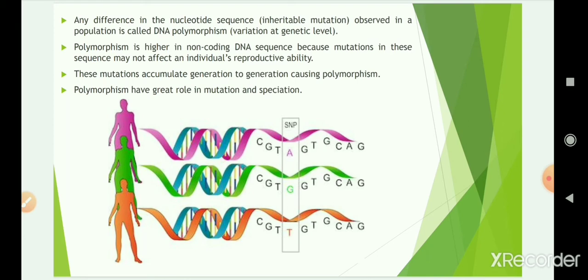Polymorphism is higher in non-coding DNA sequences because mutations in these sequences may not affect an individual's reproductive ability. These mutations accumulate from generation to generation and cause polymorphism. Polymorphism has a great role in mutation and speciation.